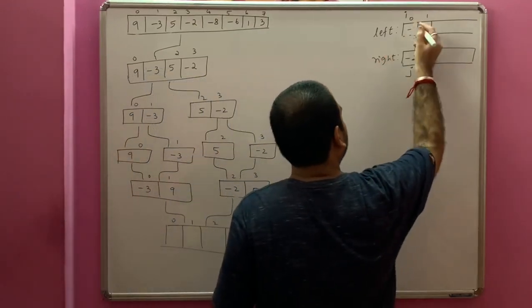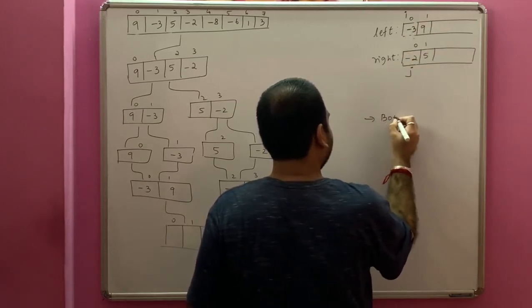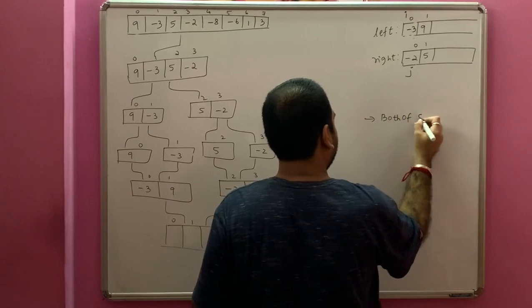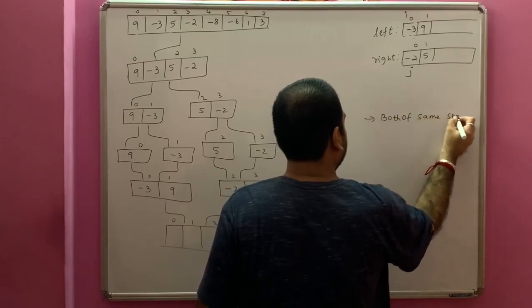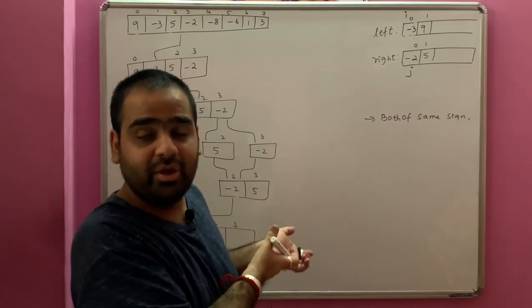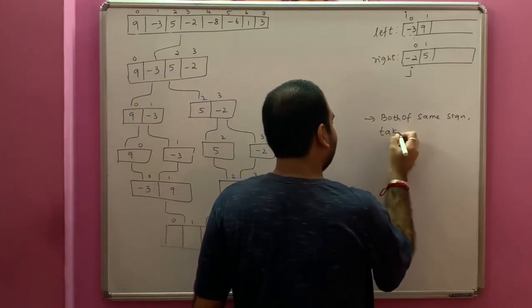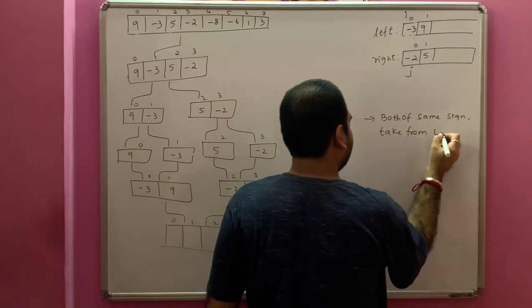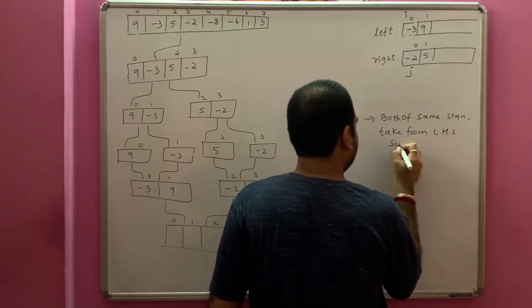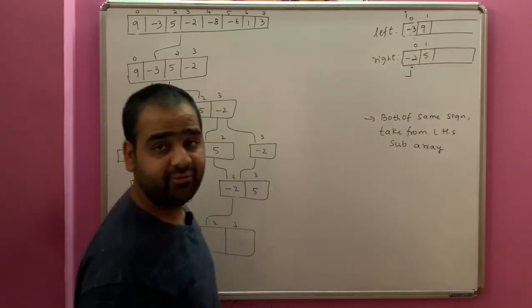Now if they both are of the same sign, then what do you do? Take from the LHS array. Why? Because the LHS appears first and you want to maintain order. Both are of the same sign, take from the LHS subarray. This is the point I am writing.